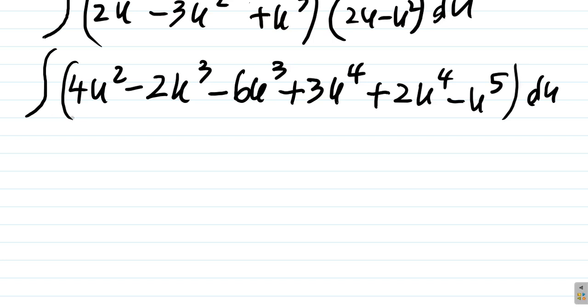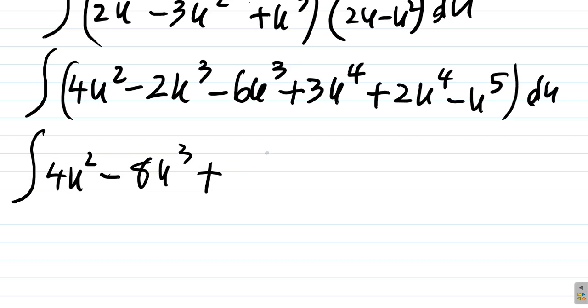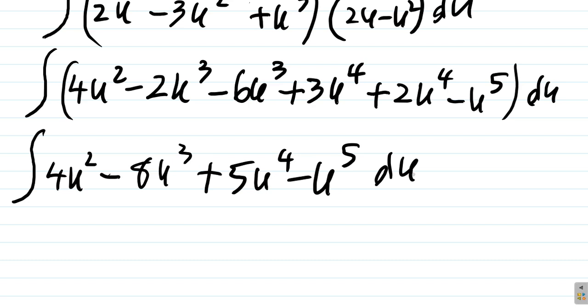So now, by the way, you could combine these. This is the integral of 4u squared minus 8u cubed plus, this is 3 and 2, 5, 5u to the fourth minus u to the fifth, du. You see all of that?